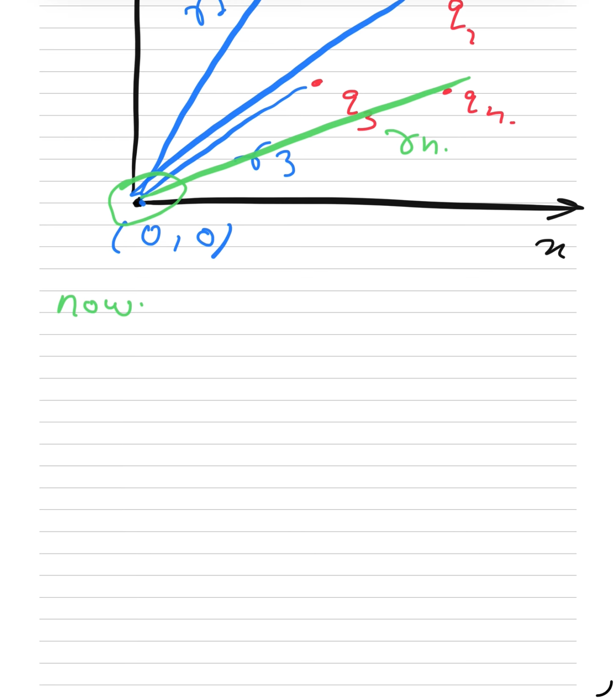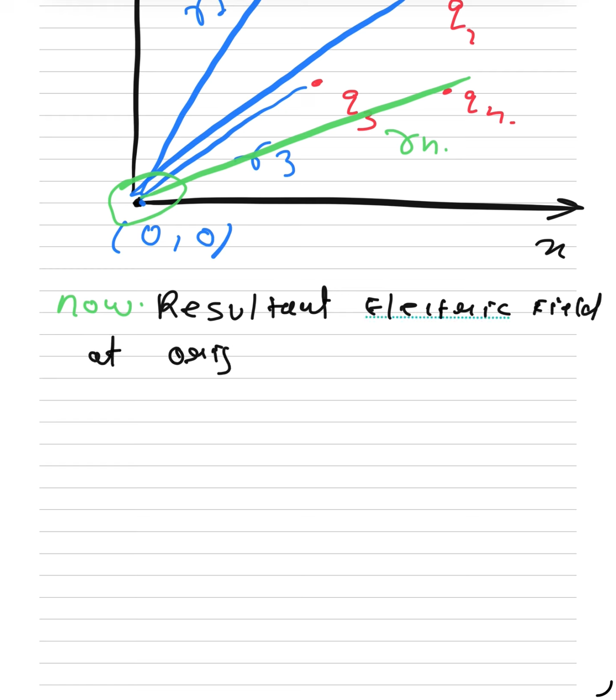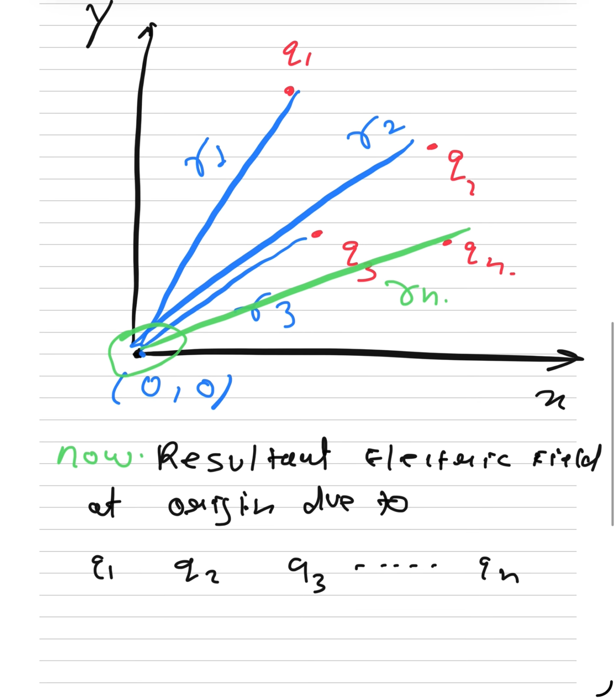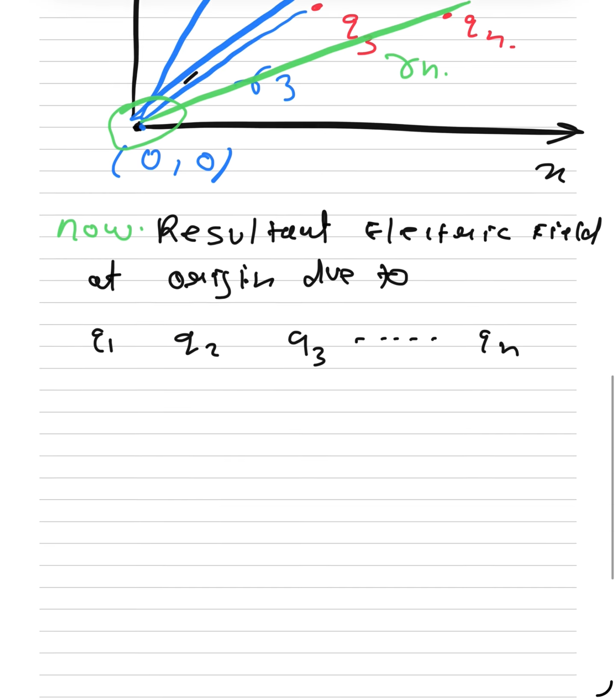Now the resultant electric field at the origin due to q1, q2, q3 and qn charges, all point charges located at different locations and at distances from the origin r1, r2, r3 and rn.